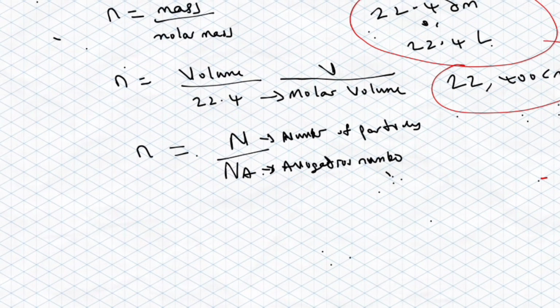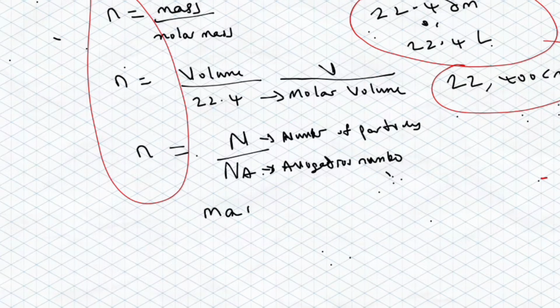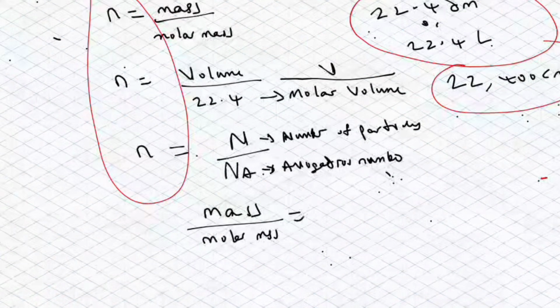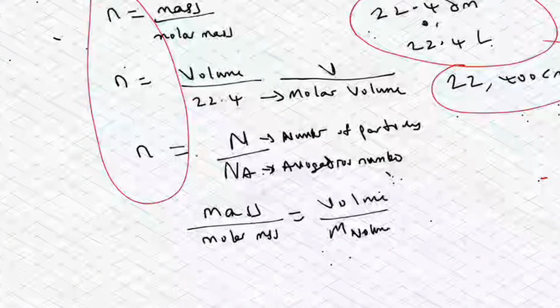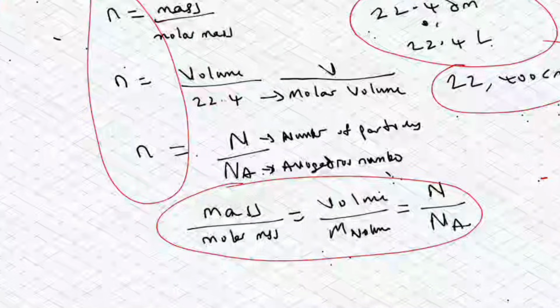Since n is a common factor, we say mass over molar mass is equal to volume over molar volume is equal to number of particles over Avogadro's number. So this is the combined form of the three formulas.